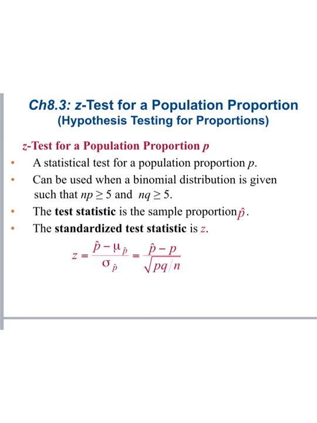Alright, so then let's take a look at the formula that would help you find your test statistic value. The formula can be written in several different ways. Again, your book will not use q, it will use 1 minus p. But I'm going to focus on this one right here. p-hat, p with a hat, is the proportion from the sample, right?